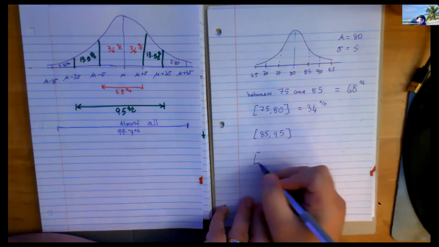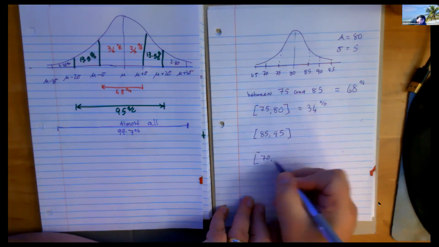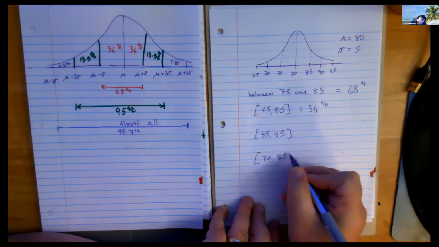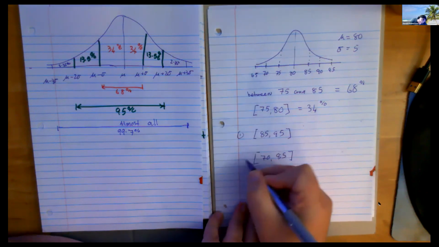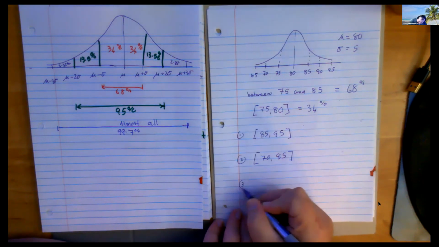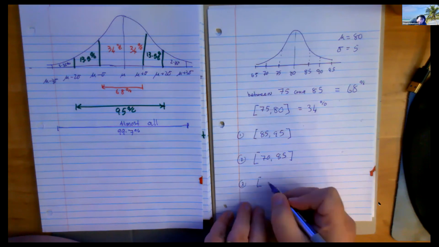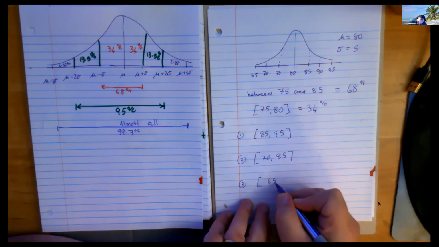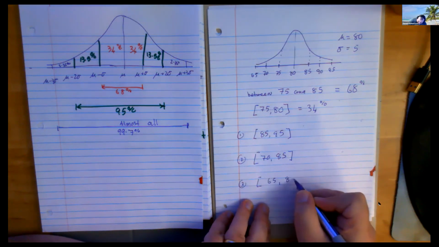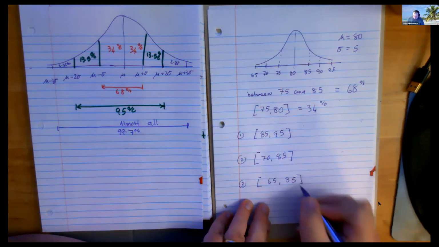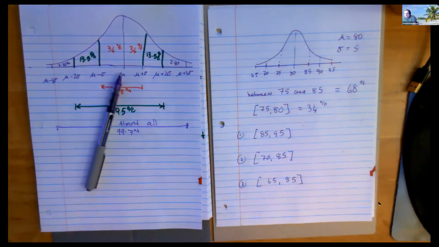What percentage of the data is between 70 and 85 is my second question. And my third question is, what percentage of the data is between 65 and 85? Okay, you've got 90 seconds, no pressure. Go for it.